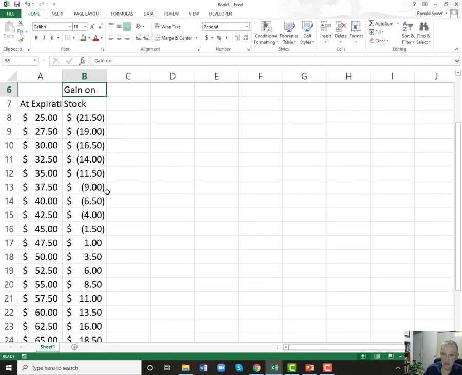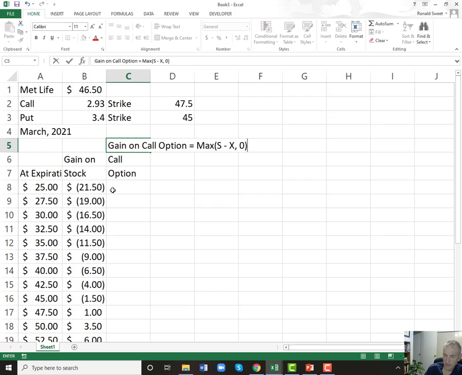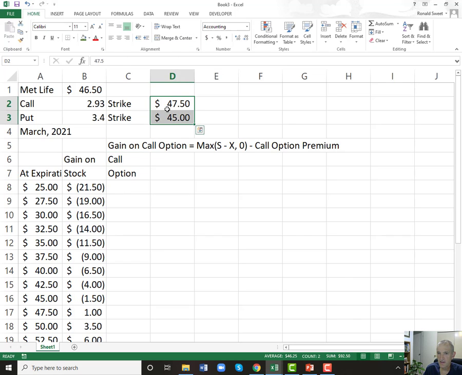And so there's the upside and the downside. Well, let's look at the call option. The gain on a call option is going to equal the max of the current stock price minus that strike price, $47.50, and 0. We can't have it be negative. And then we'll subtract from that the call option premium. So here we have a strike of $47.50, and our premium was $2.93.